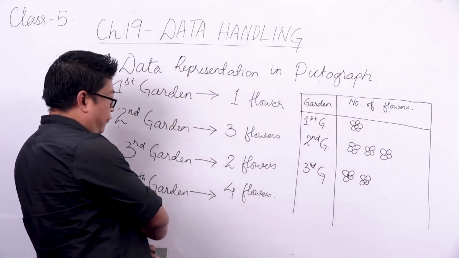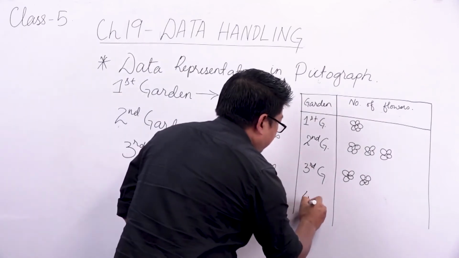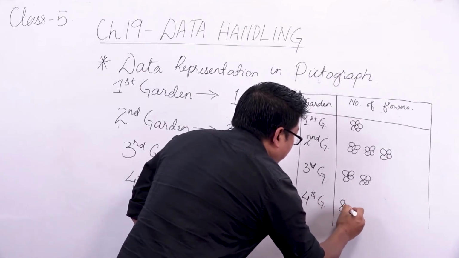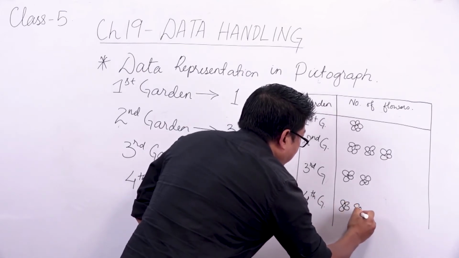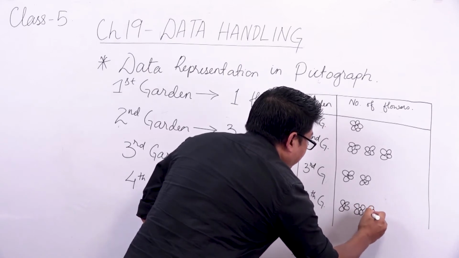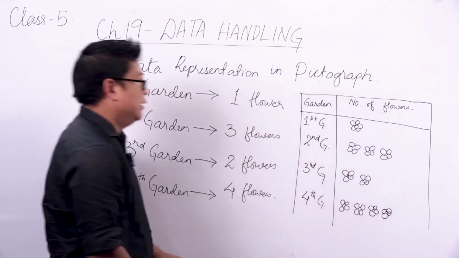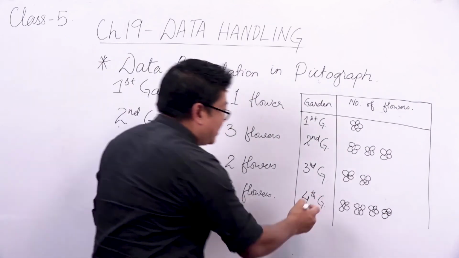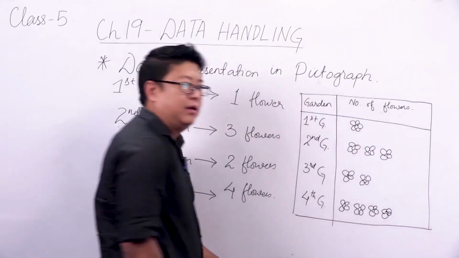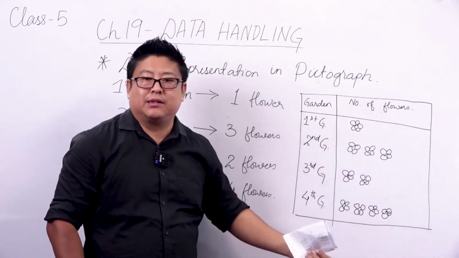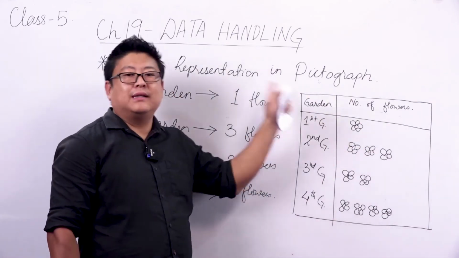All right. In the fourth garden, we have 4 flowers. So this is all about pictograph, using pictures, using symbols to show or represent data.